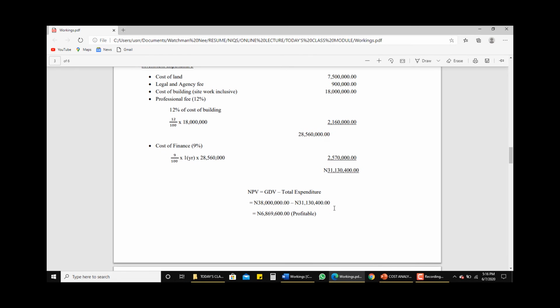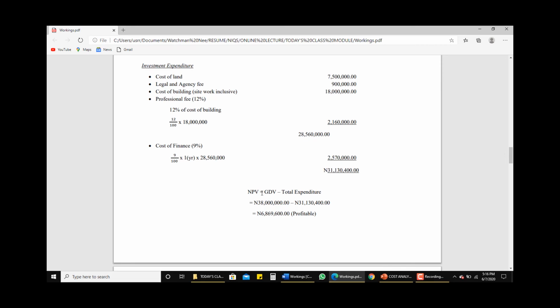Now, to know whether the scheme is profitable or not, your net present value must be positive. If your net present value is positive, then the scheme is profitable. But if not, the scheme is not profitable. So how do you arrive at your net present value?